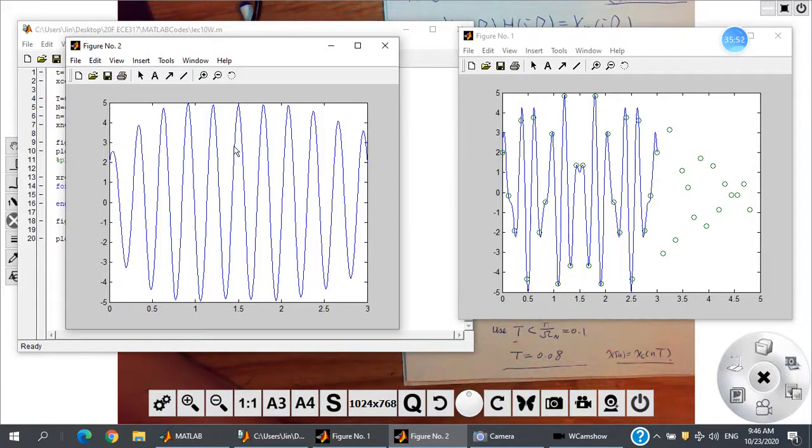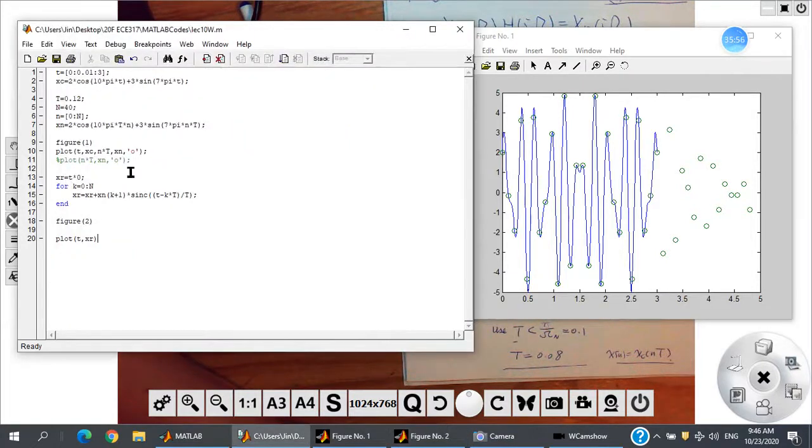You lost a lot of details. I can still put those samples there. The samples are n times t and xn, with a diamond marker here.